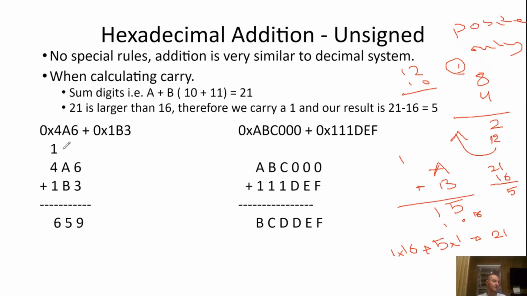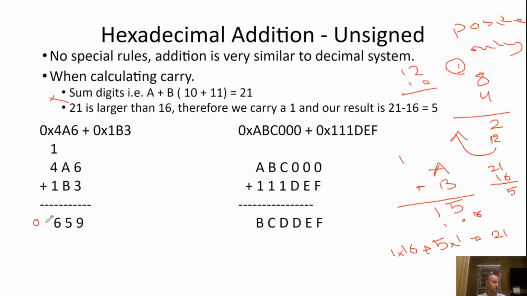So here we have examples. We are adding these two numbers, 4a6 and 1b3. These are straightforward. 6 plus 3 is 9. A plus b, well, actually, this is the example that we have here. So that's going to be this 5, and then we get 1, and then 4, 5, 6. So 6, 5, 9. That's going to be in hex.